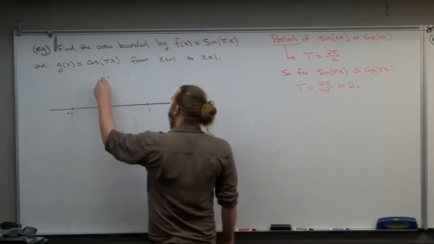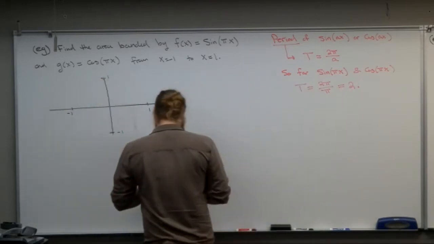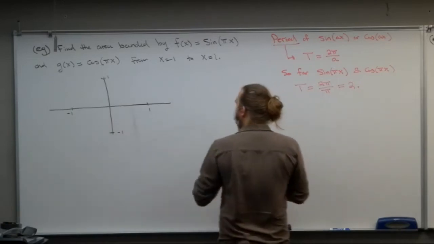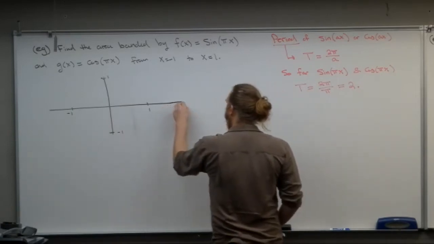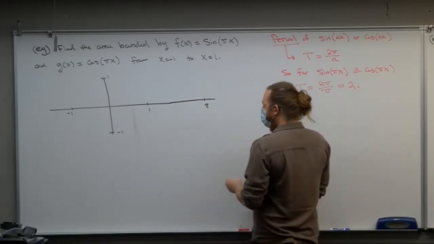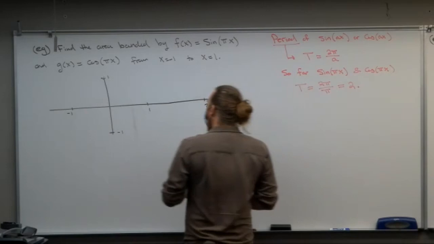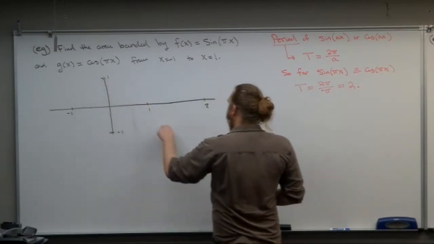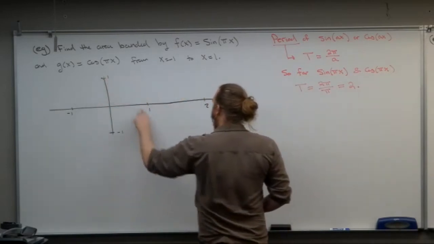We know that cosine begins at the top of its period, all the way up to 2, that way we get a full period of the cosine wave. And we know it needs to come down and then back up, right?